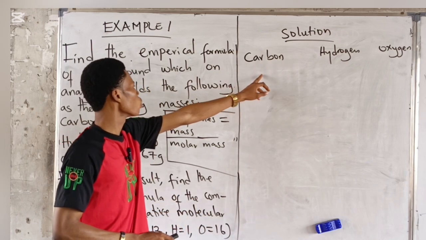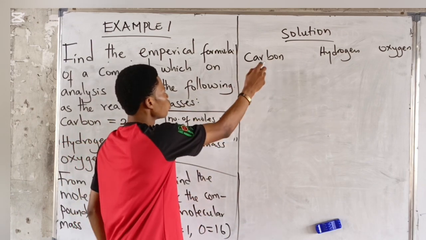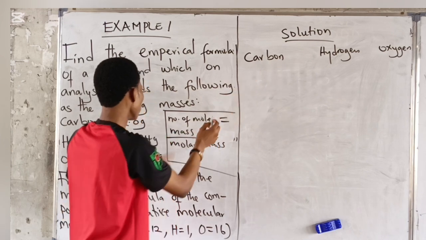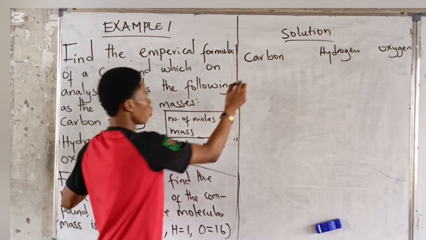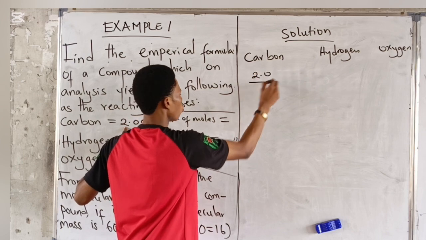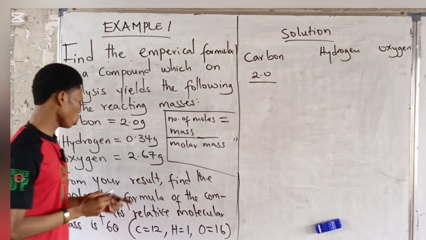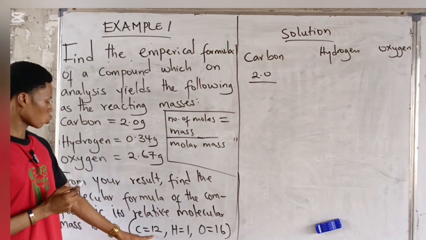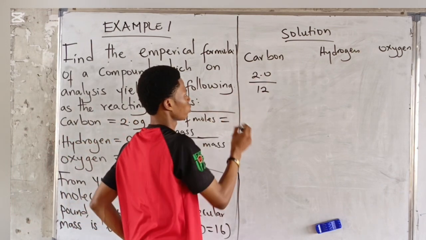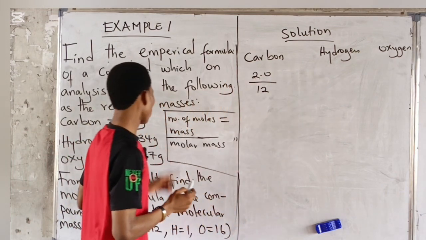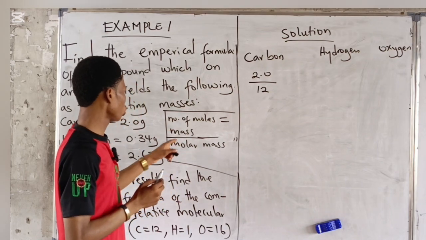So the number of moles of carbon here will be mass over molar mass. What's the mass of carbon we're given? 2.0, all over the molar mass of carbon, which we're given as 12. So we have 2.0 over 12. We come to hydrogen. What's the mass?